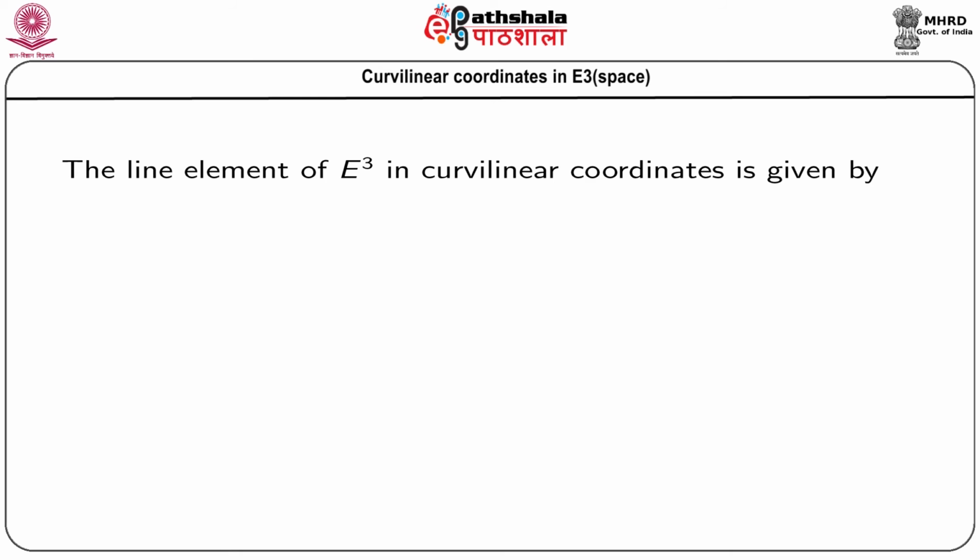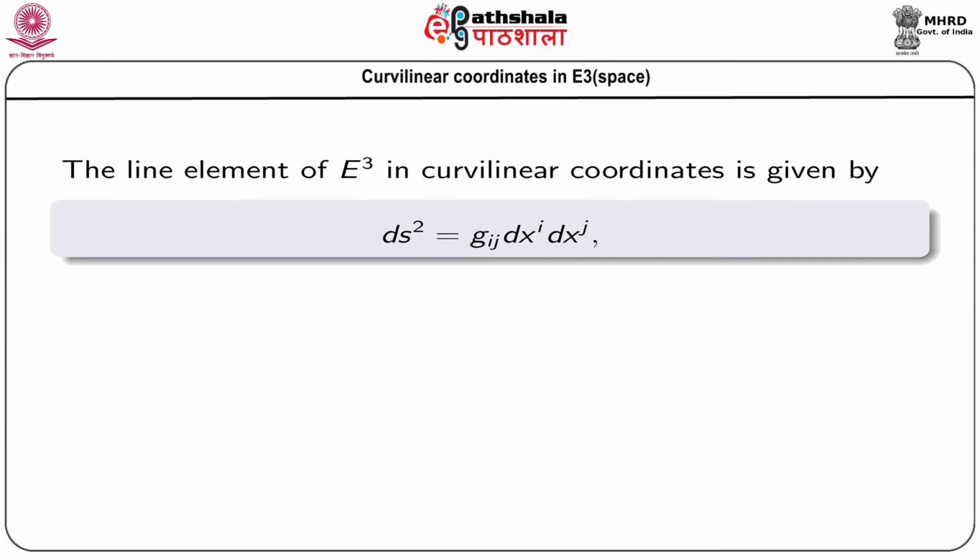Now, let us see the line element of E3 in curvilinear coordinate system, given by ds square equal to gij dxi dxj. In our earlier chapters, we have obtained this expression. This is the metric in Riemannian space.